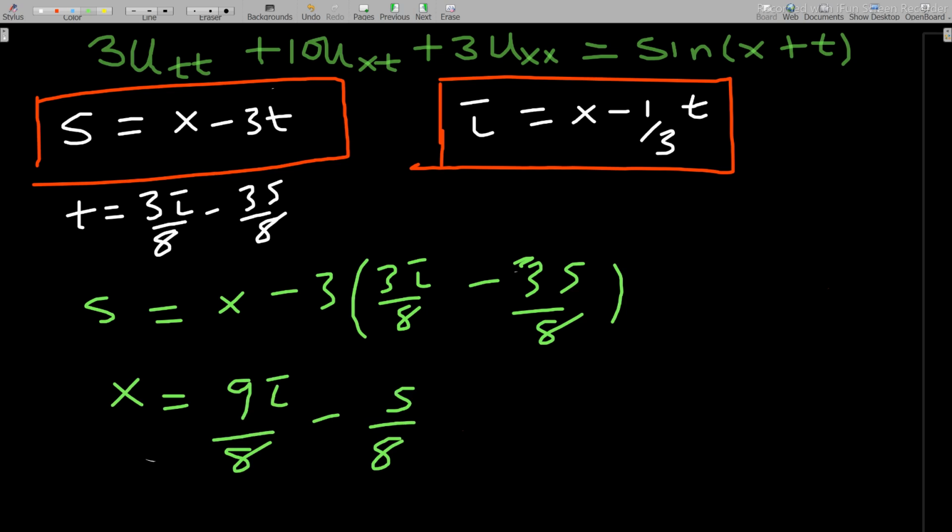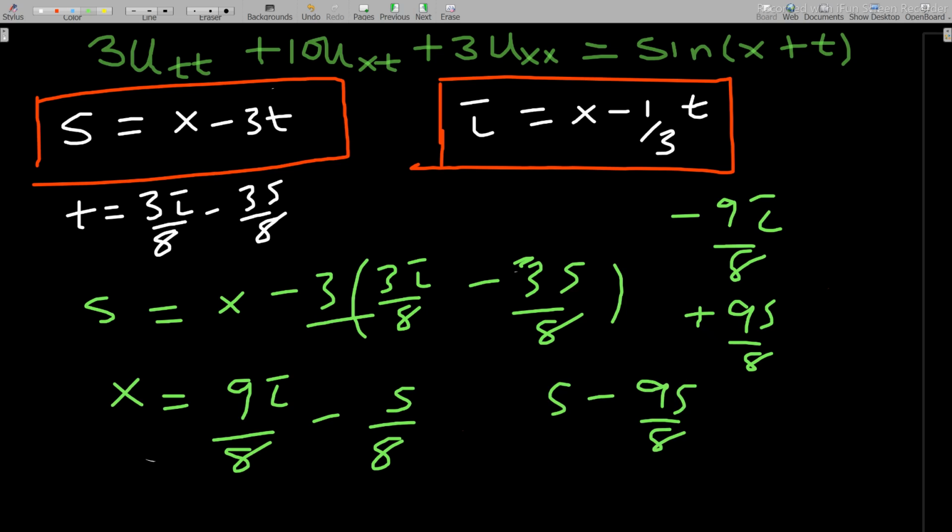You can actually confirm this, right? If I multiply through by this 3 here, I'll get negative 9 tau over 8. And if I multiply this, I'll get positive 9s over 8. I'll get something like s minus 9s over 8 at the right side, then plus 9 tau over 8 is equal to x.